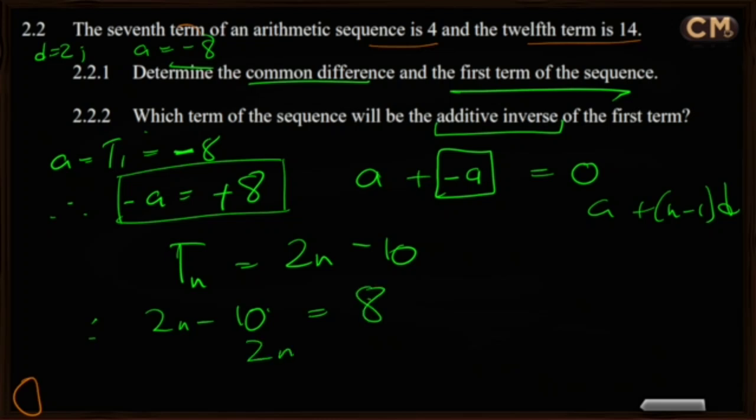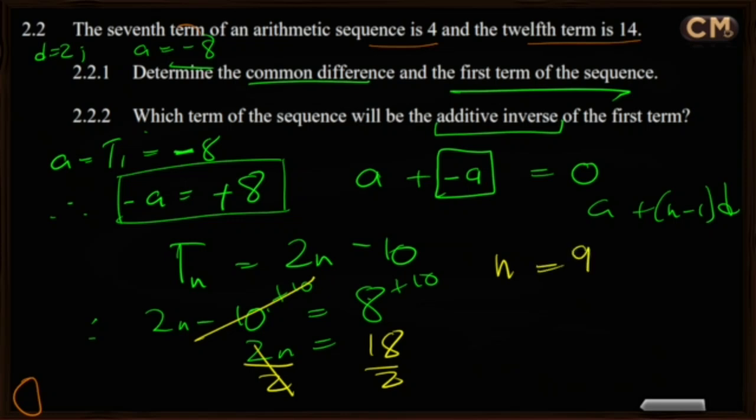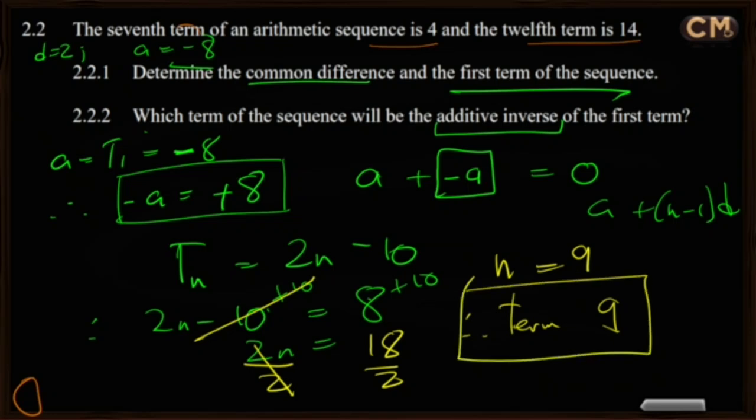So 2n must equal, let's add 10 to both sides, because what we do to the left, we do to the right, and we have 18. Now, if we divide both sides by 2, n must equal 9. So therefore, term 9 is the culprit we are looking for. Let's just do that. That's not really a 9, ugly as it is.